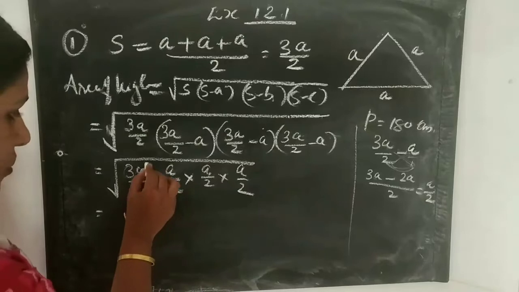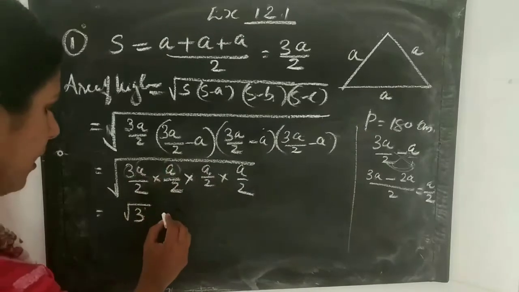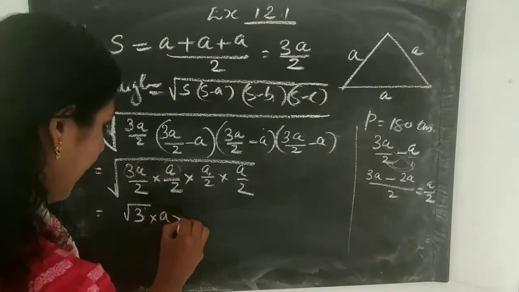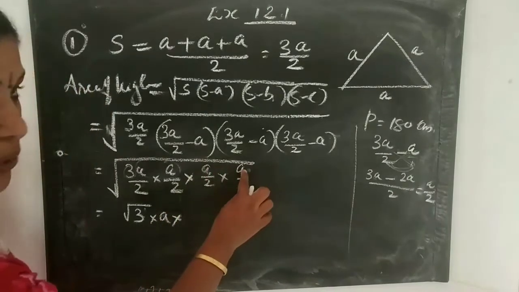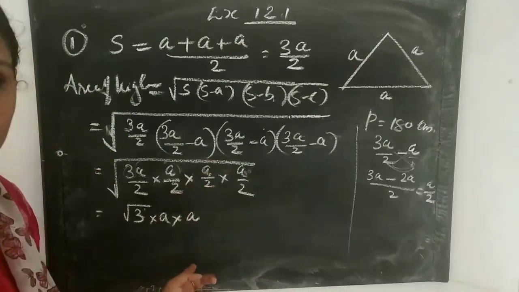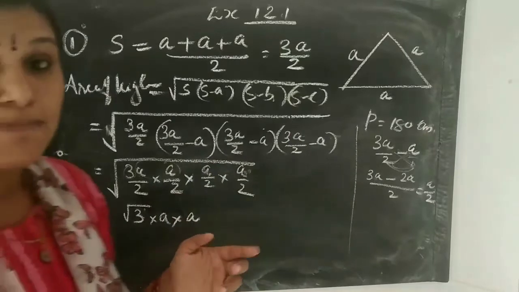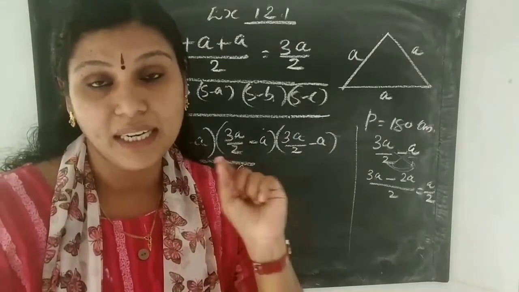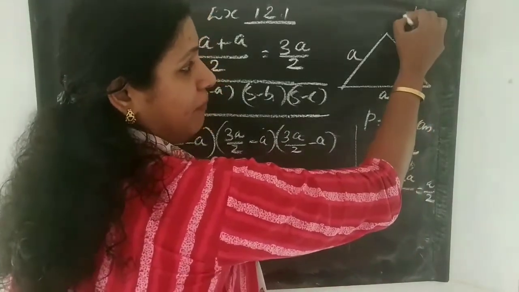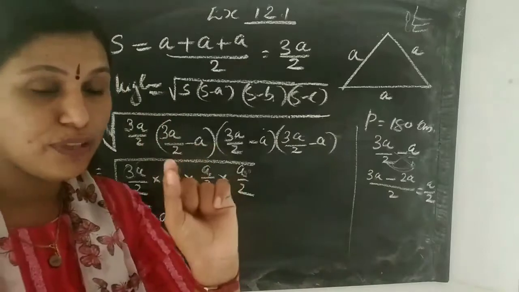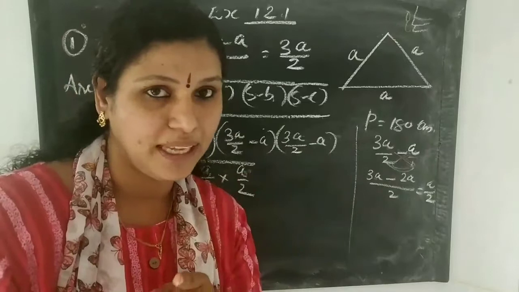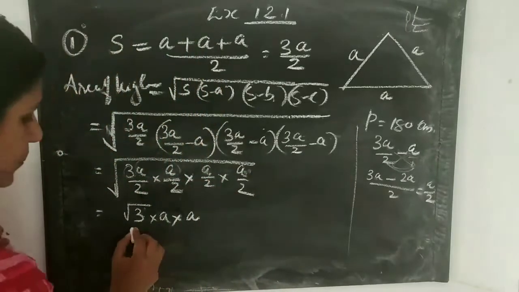And here a into a, so we can bring one a outside, and here also a into a, so we can take one a outside of the root. This is by prime factorization that you studied in 7th and 8th standard. We pair the factors, and one number from each pair comes outside. Do you remember that? Like that you can do.